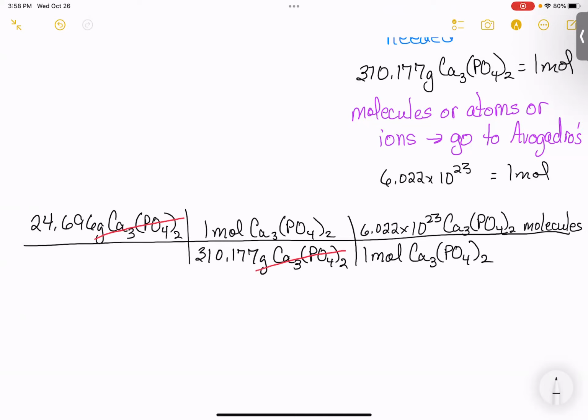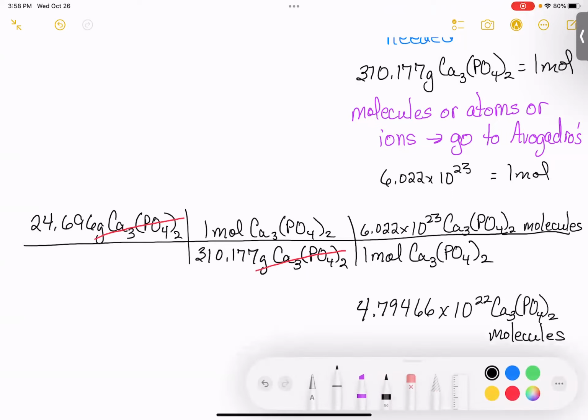Keying this into the calculator, I get 4.79466 times 10 to the 22 Ca3(PO4)2 molecules. Now I do have to pay attention to significant digits. This is multiplication and division, and according to the rules of multiplication and division, your answer should have the same number of significant digits as the measurement with the fewest.